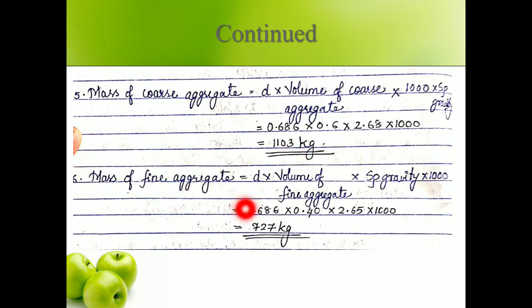Mass of fine aggregate will be equal to volume of all in aggregate into volume of fine aggregate into 1000 into G. So 0.686 into 0.4 into specific gravity into 1000. So we'll be getting the mass of fine aggregate as 727 kgs.